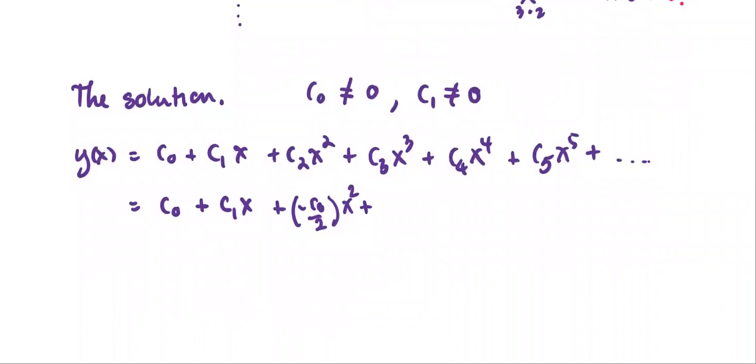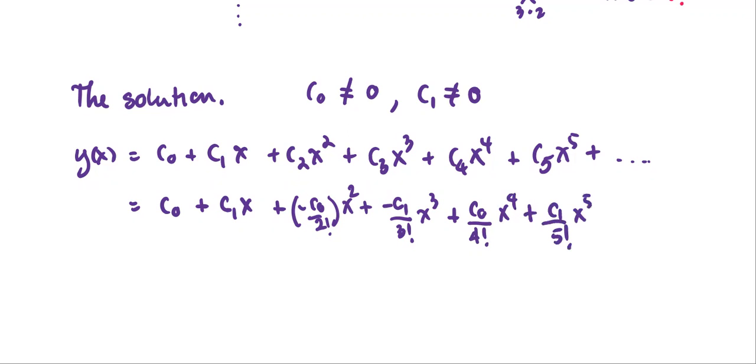And C3 is negative C1 over 6, which is 3 factorial, x to the third, and 2 as 2 factorial for the denominator of the coefficient of x squared. And C4 is C0 over 24, which is 4 factorial. C5 is C1 divided by 5 factorial, x to the fifth, and so forth.